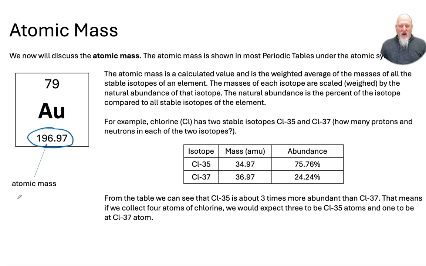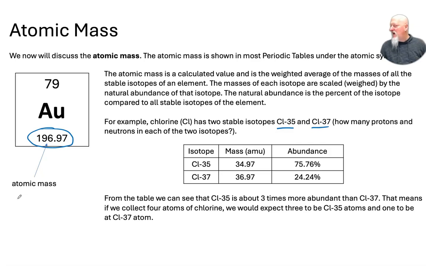And the atomic mass is the average mass of all stable isotopes of that element. So for example, if I'm dealing with chlorine, chlorine has 2 stable isotopes. And what I mean by stable is that they're not radioactive. They don't decay, they don't break down. Chlorine-35 and chlorine-37 are stable isotopes of chlorine.